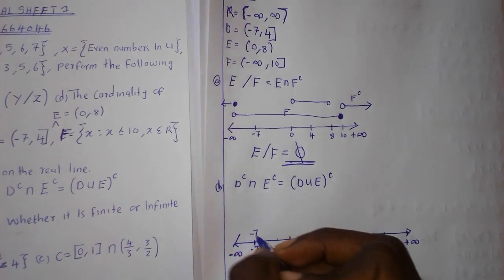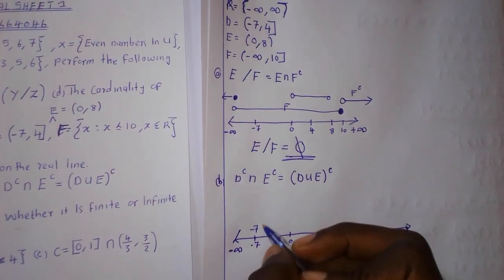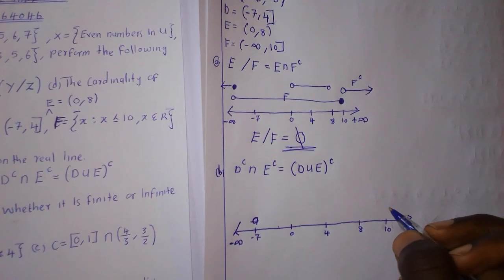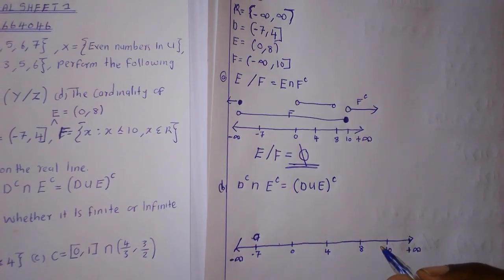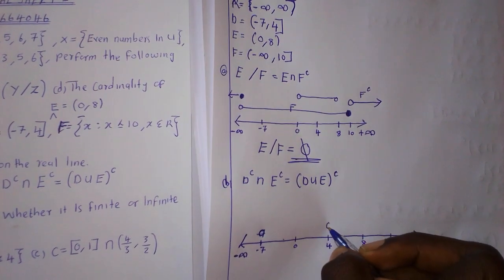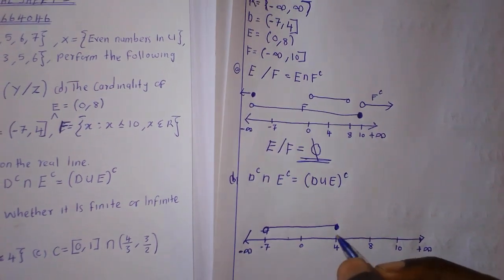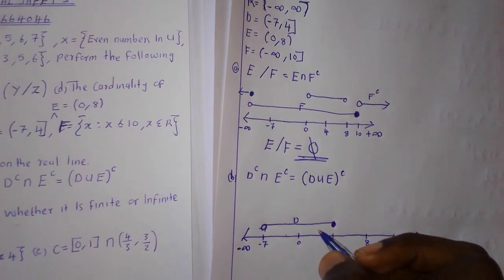So I'm going to put negative 7 here, then an open circle like this, and I'm going to take it like this here. So I'm going to label this one as D.